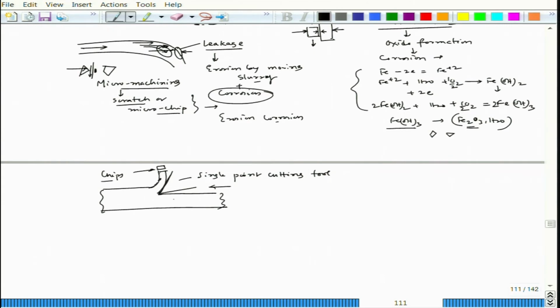So, here you have shearing action in this zone, plus normal force, that would lead to a chip formation or machined surface. Now, here also this particular edge would give you a small zone of machining. So, that is what we are saying, that this is a kind of micro machining situation.